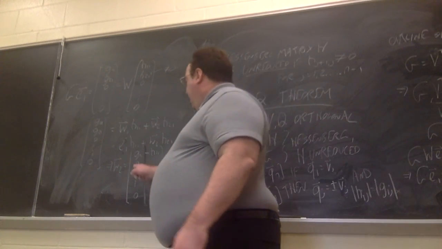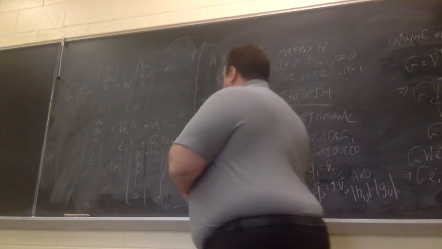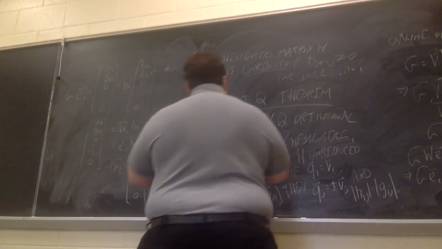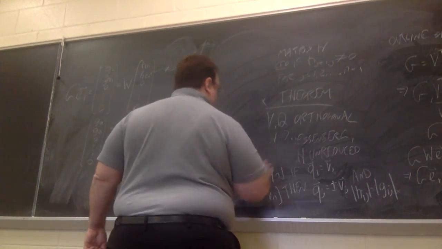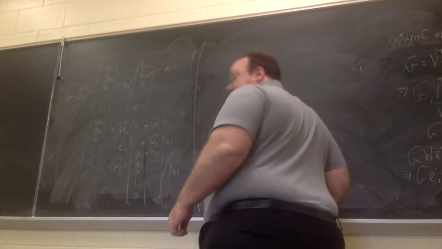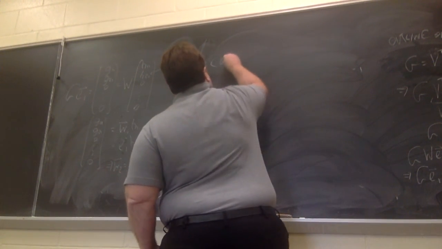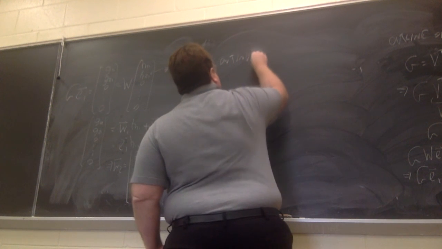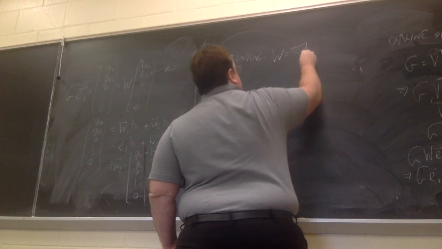Now, notice only the first two entries can be non-zero. So, continuing this process, we find that W is upper triangular.